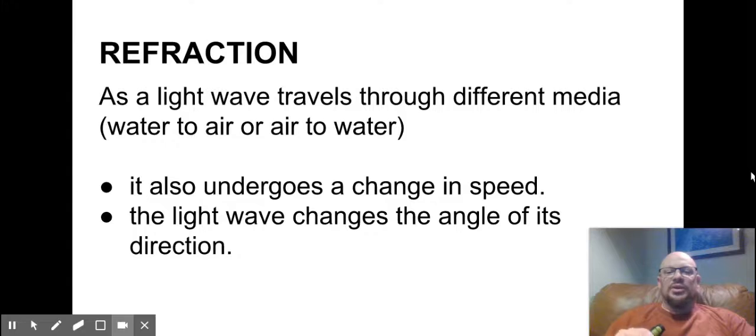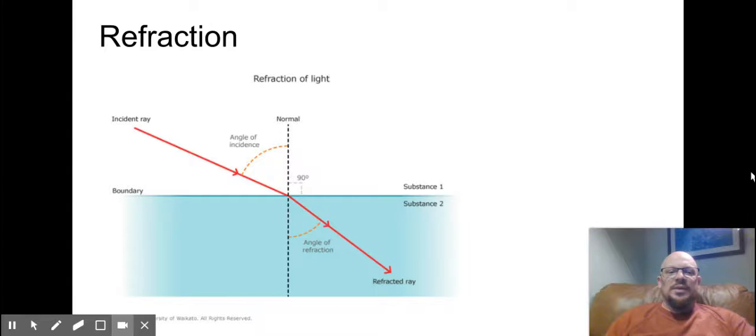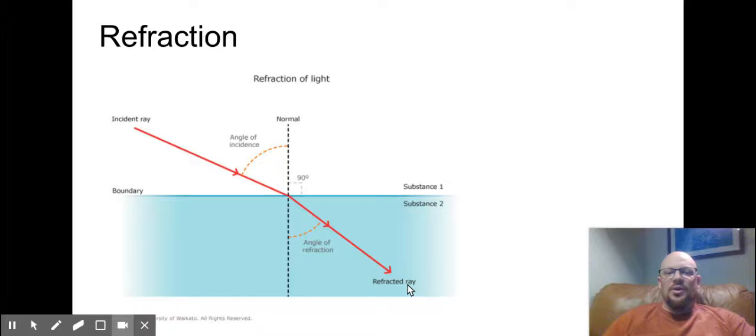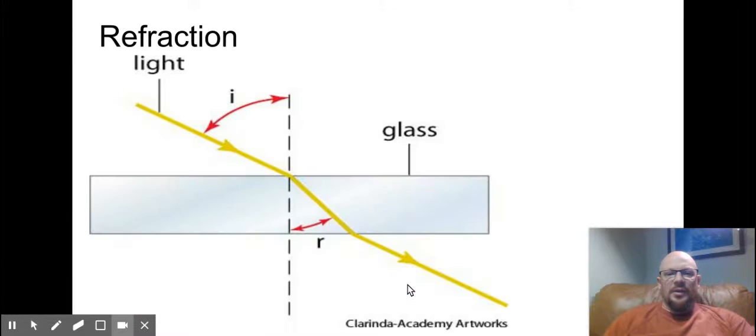When light is refracted, it goes through a change of speed as it goes through that different medium, and it also changes the angle of its direction. You see here in this picture, the light comes in at one angle, and then when it hits the different medium, it changes the angle and changes the speed, so it bends as it's going through that.